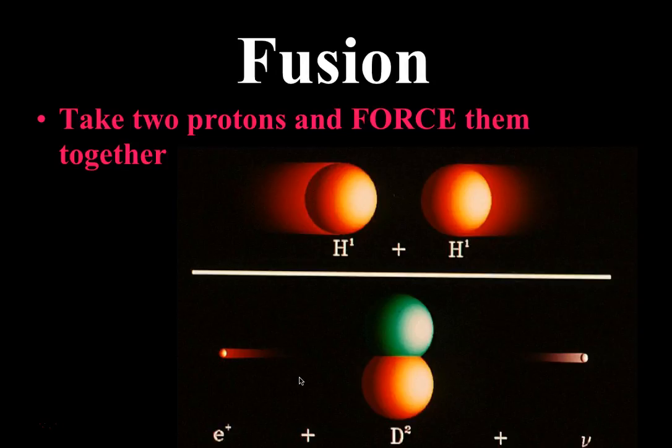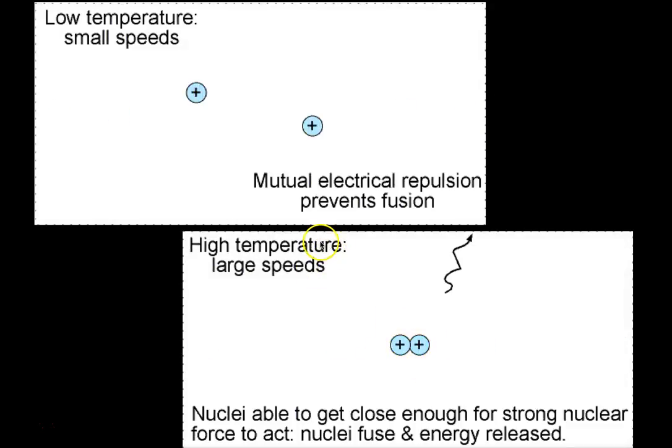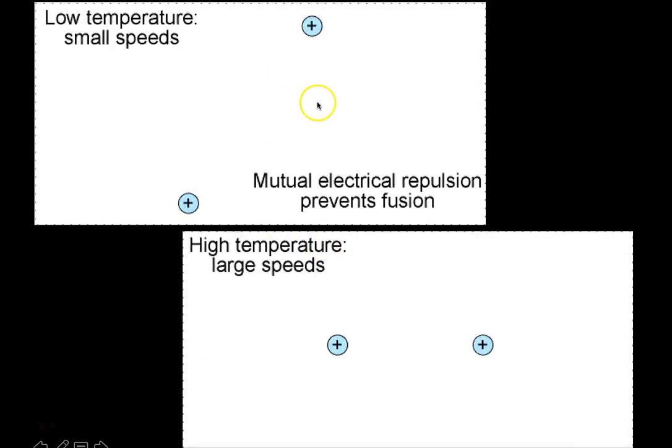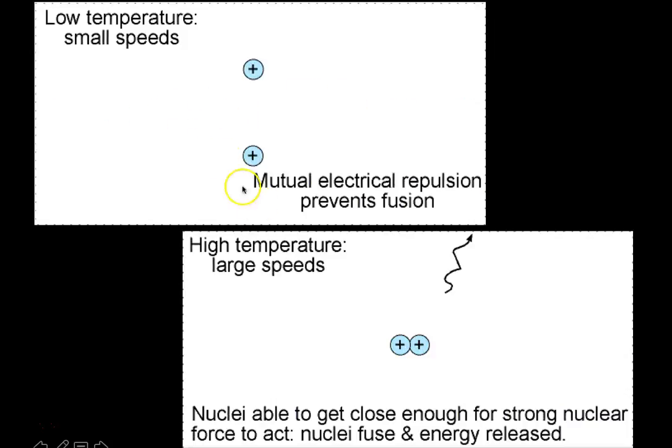Fusion is the other possibility. We take 2 protons and we force them together. We discussed this before, and this is a multi-step process, and basically what we end up finding out is that through these drawings, at low energies, the 2 protons come together and they just glance away.